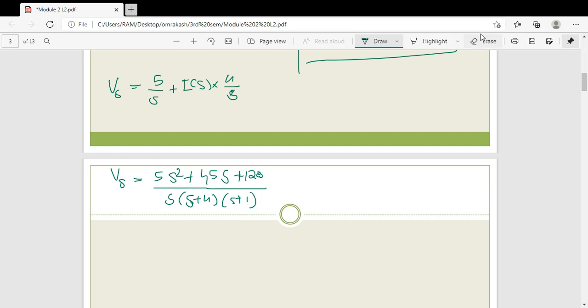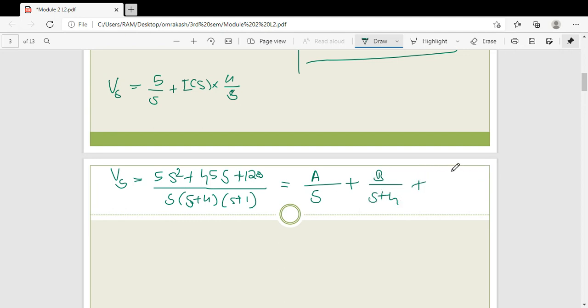Now tell me which method is suitable for solving these equations. You have to write this in terms of variables, just like A by S plus B by S plus 4, right?